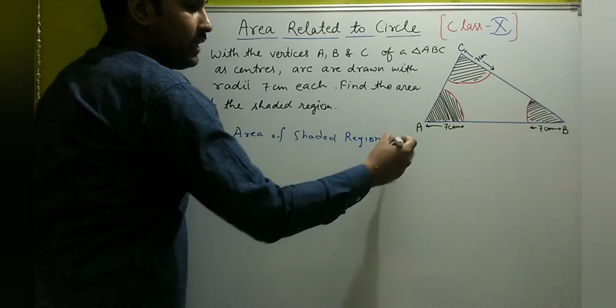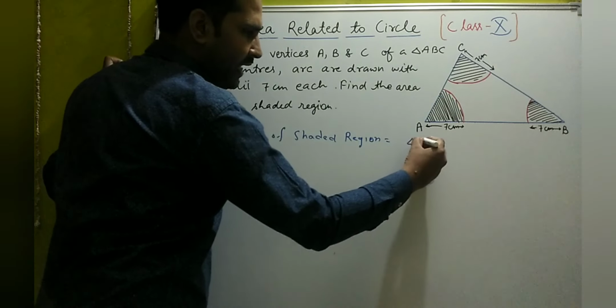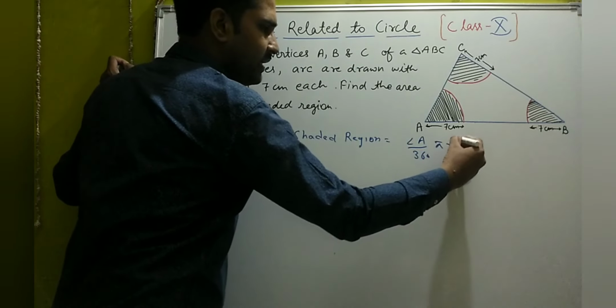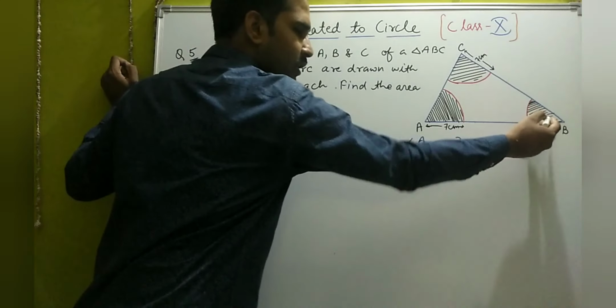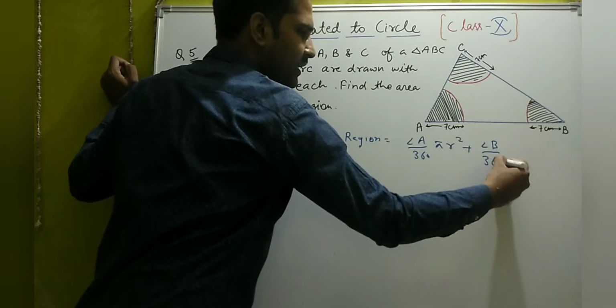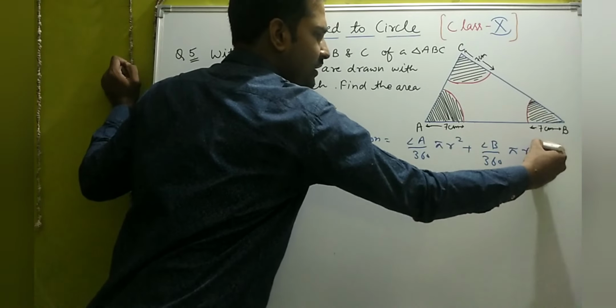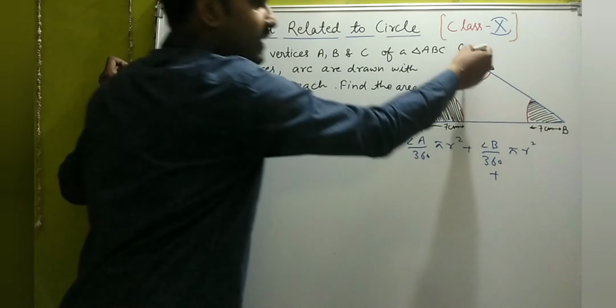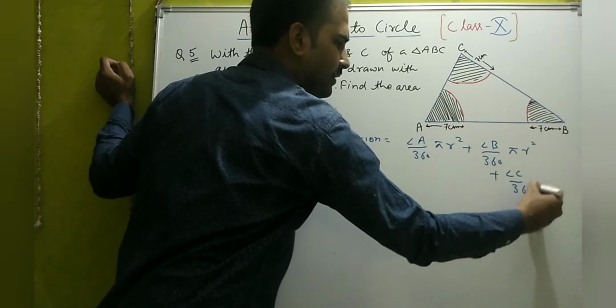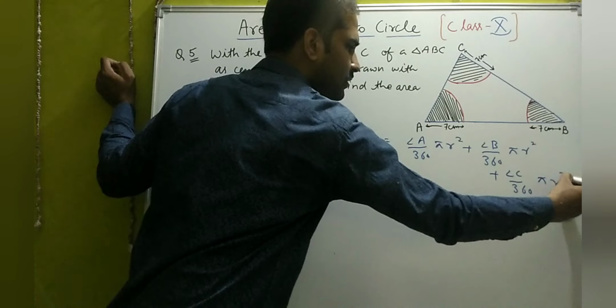is the area of the sector, that is angle A divided by 360 pi r square, plus the area of this sector at B, that is angle B by 360 pi r square, plus this area at C, that is angle C divided by 360 pi r square.